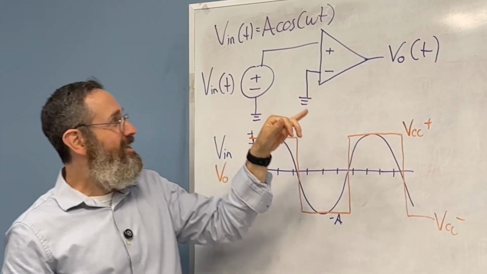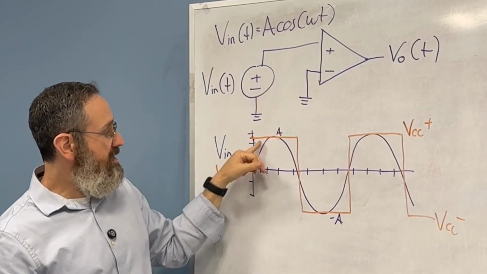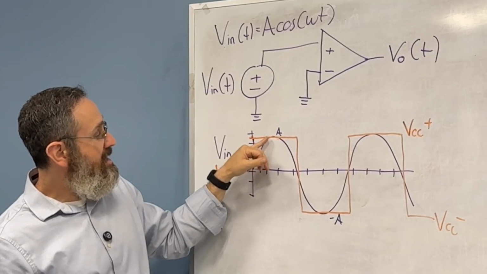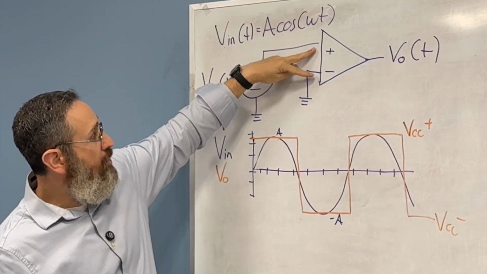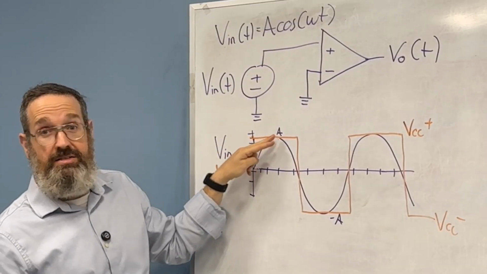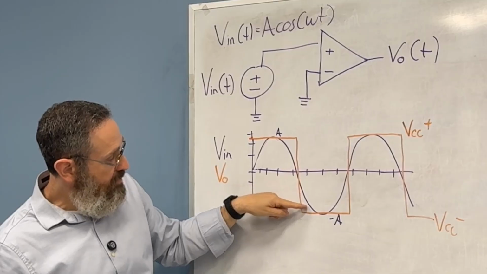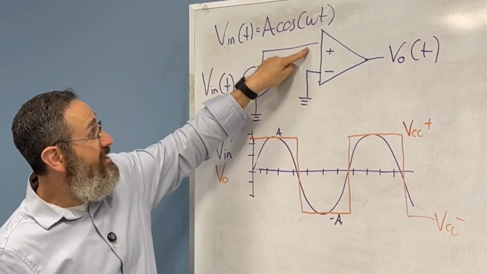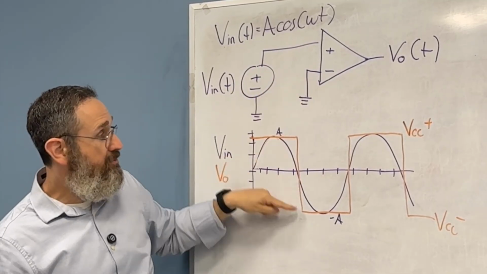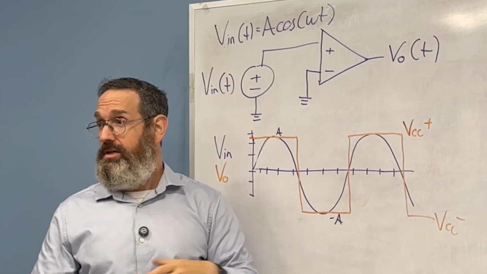Positive, negative. So this is the input, and here the input is greater, because it's positive. But as soon as this phase happens, the input is actually negative, so it's less than this. So now it flips this way. So I've drawn it.